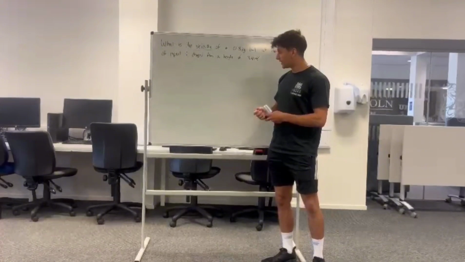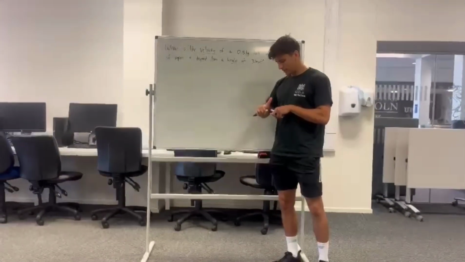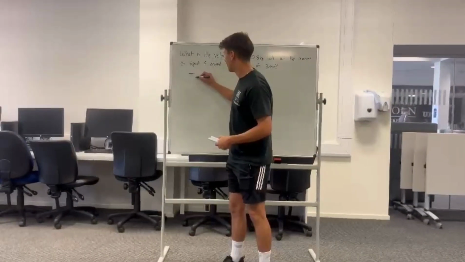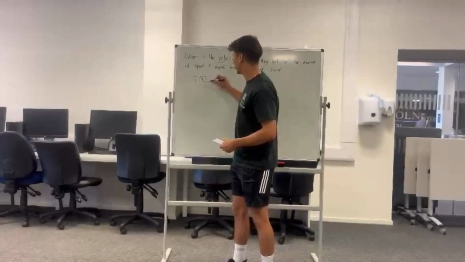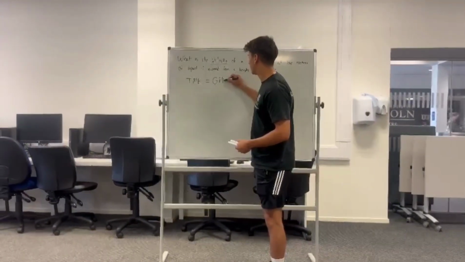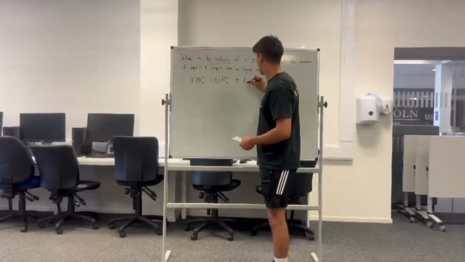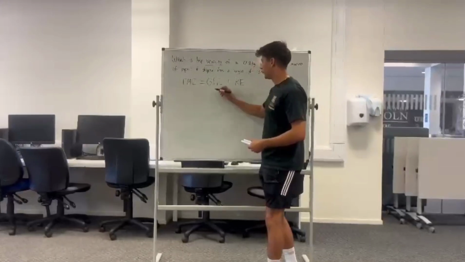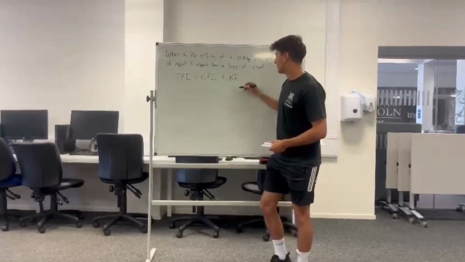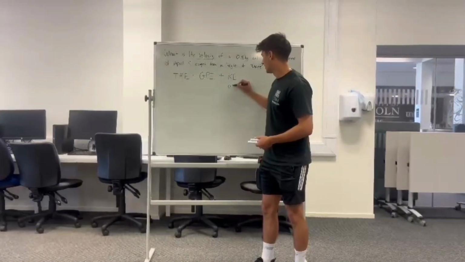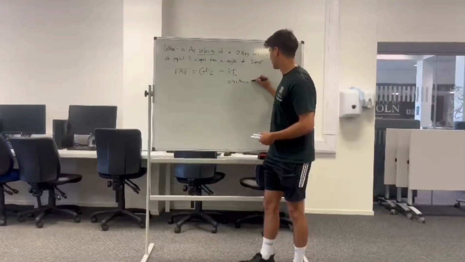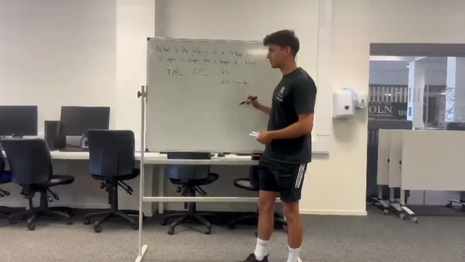So the first energy equation that we've learned is the total mechanical energy equation, which equals the sum of gravitational potential energy and kinetic energy. Each of these has its own equation. Kinetic energy is 0.5 times mass times velocity squared.